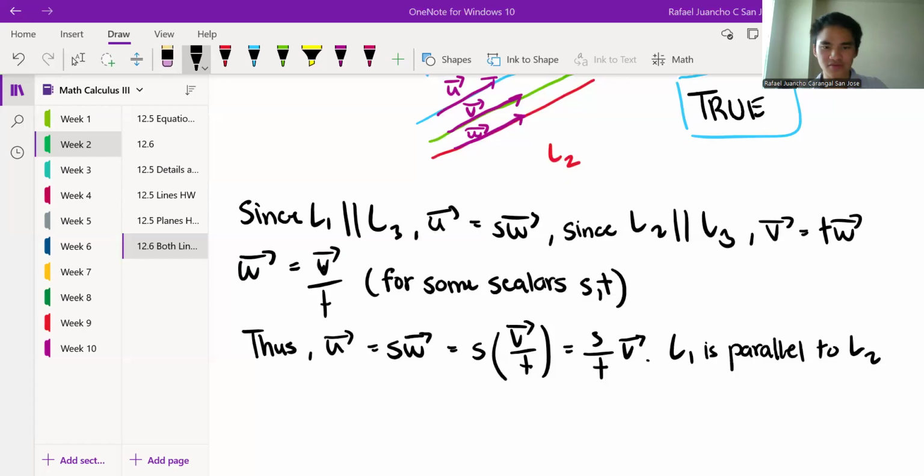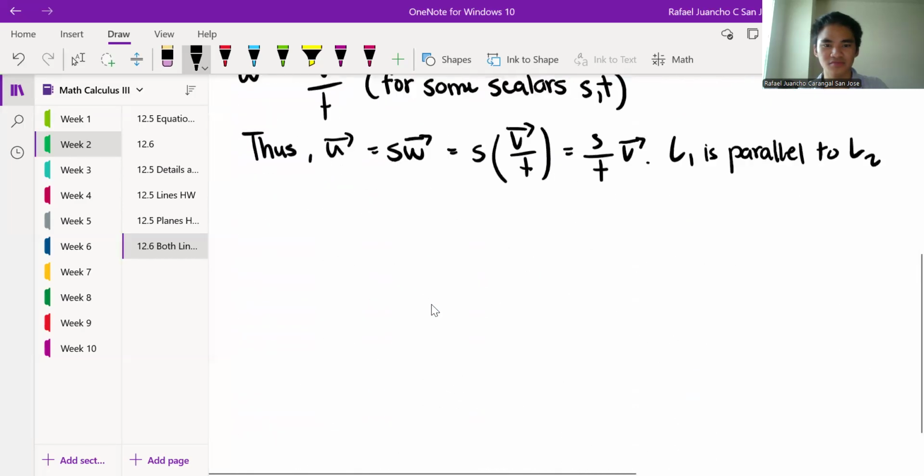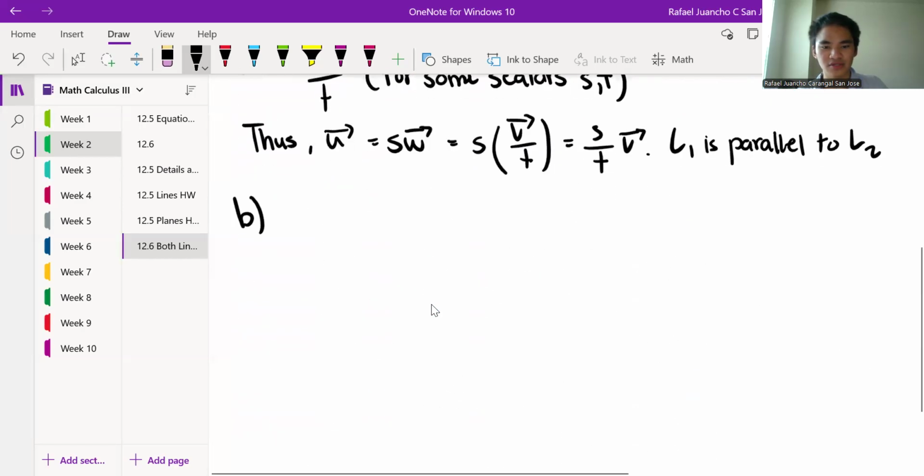Now we have a different one. For the next one, we're doing two lines perpendicular to a third line.